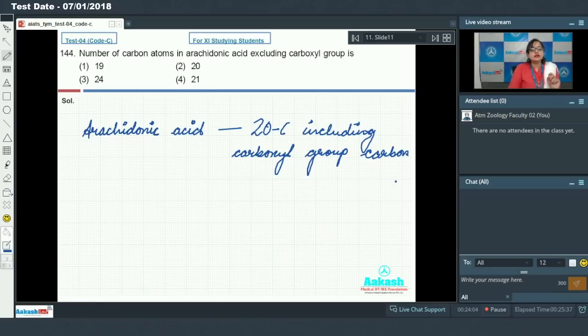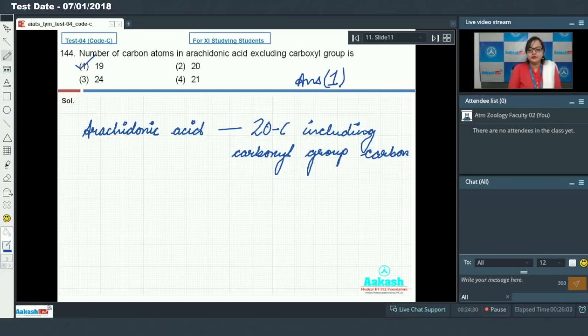In the question it is asked the number of carbon atoms in arachidonic acid excluding the carboxyl group. That means if we do not consider the carbon of the carboxyl group, arachidonic acid has 19 carbons, making option first the answer for our question.